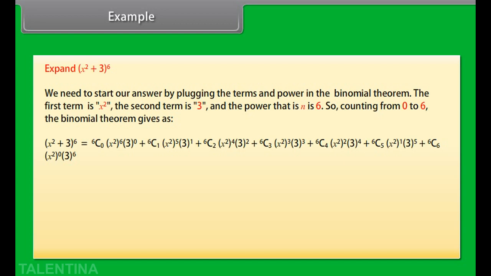6C4 into x square raised to power 2 into 3 raised to power 4 plus 6C5 into x square raised to power 1 into 3 raised to power 5 plus 6C6 into x square raised to power 0 into 3 raised to power 6.